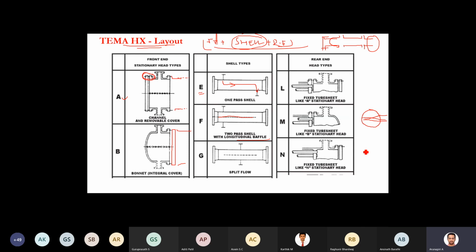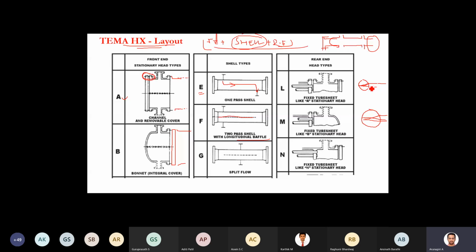You can imagine this in 3D. This is your tube sheet, which is also a circular plate, and here you have the longitudinal baffle like this. It is connected by making a groove over the tube sheet.